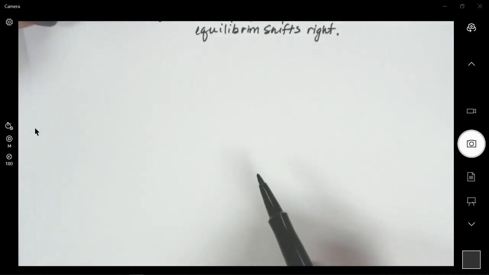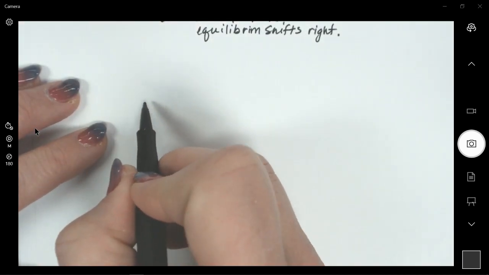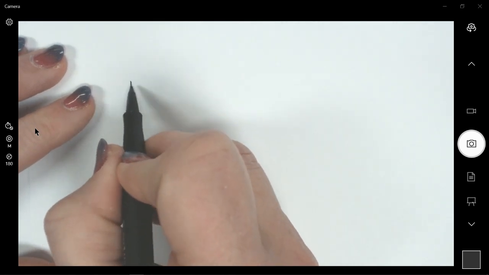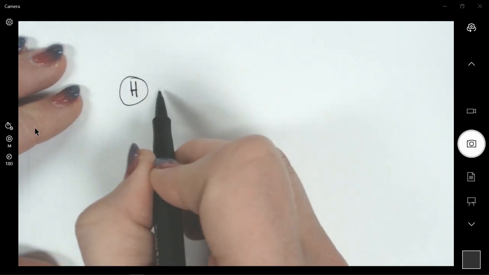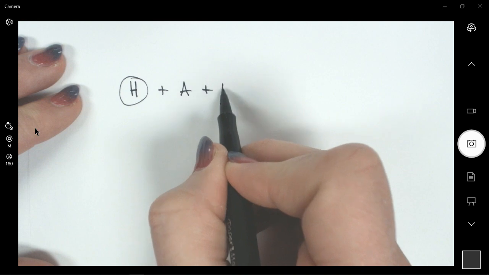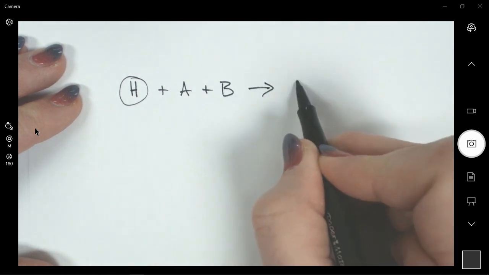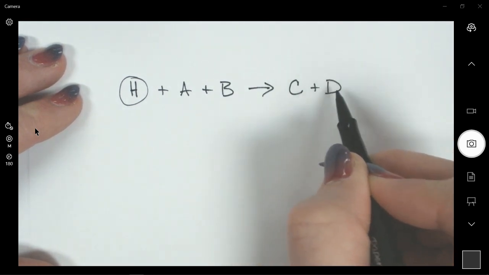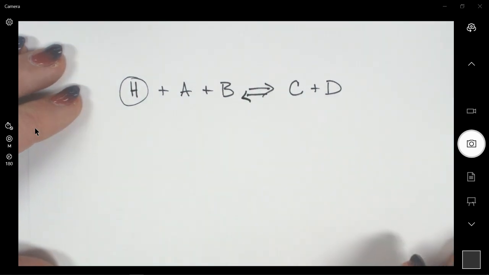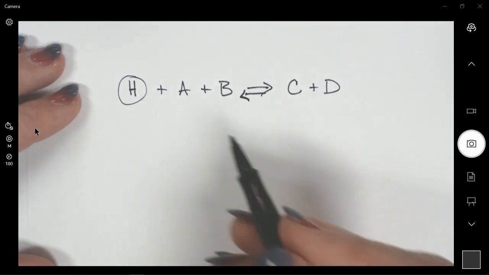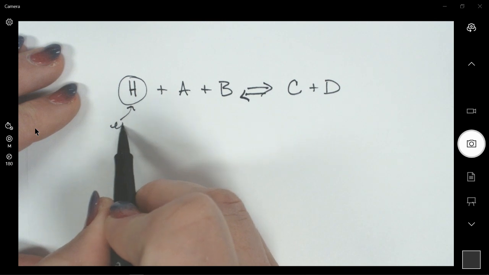Let's just do an endothermic reaction. So I'm going to have our heat plus A plus B yields C plus D in equilibrium, right? So this is endothermic.